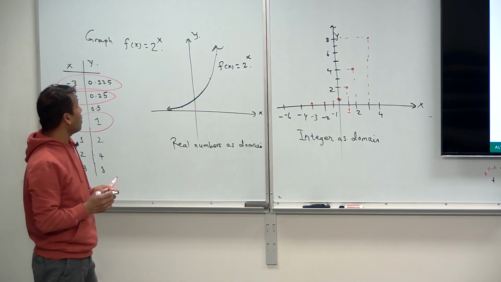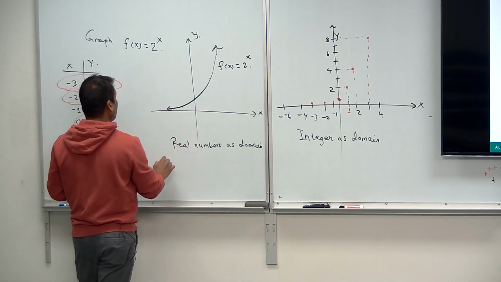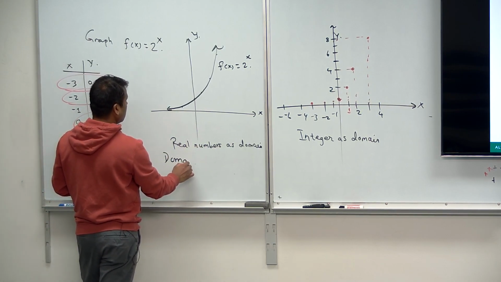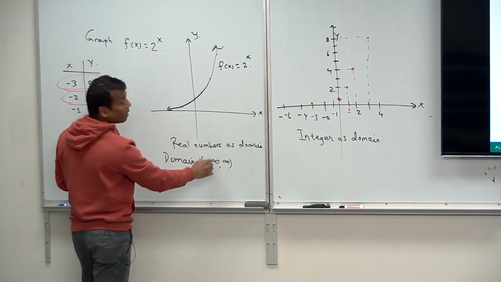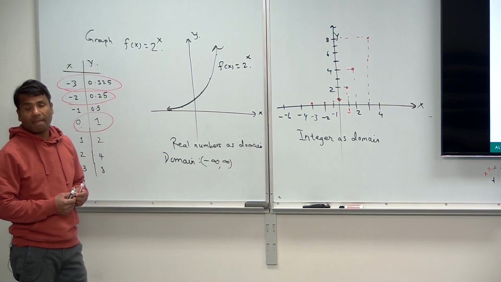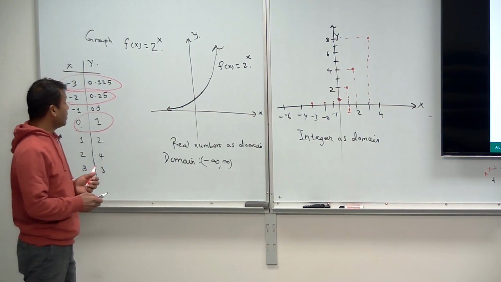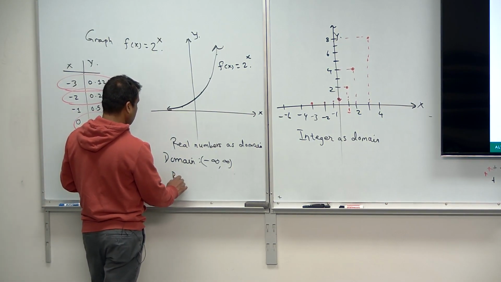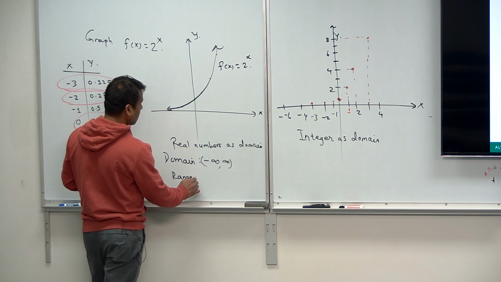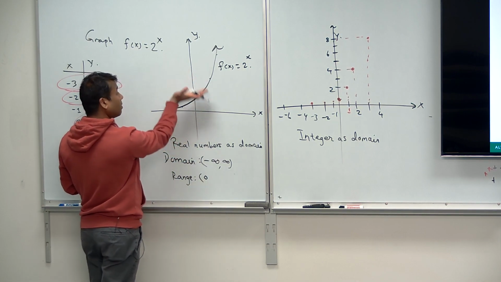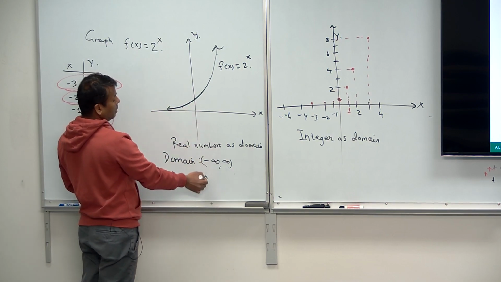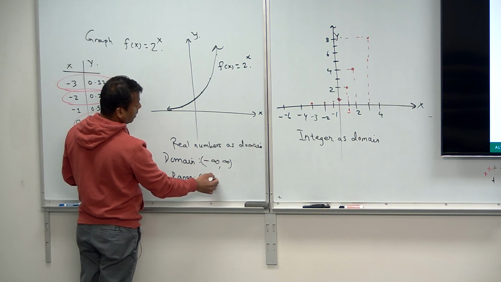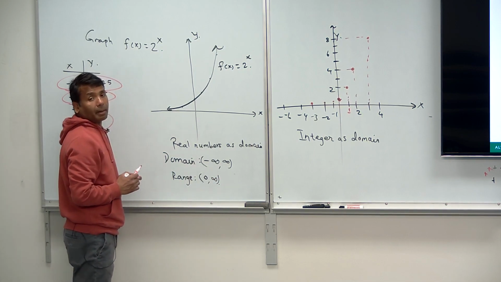Right? So what is the domain here? Real numbers. So the domain is negative infinity, comma infinity. What is the range? You see the range, the graph is above the x-axis, right? So what is the range here? 0, comma positive infinity.